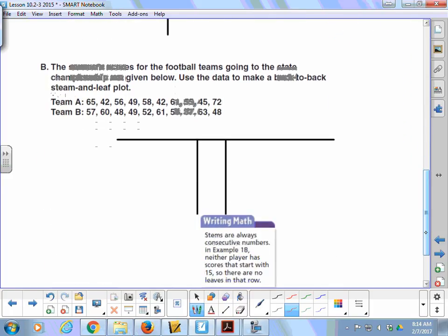All right, back-to-back stem and leaf plot. So sometimes when we have two sets of data that we're comparing, then we're going to make a back-to-back stem and leaf plot.